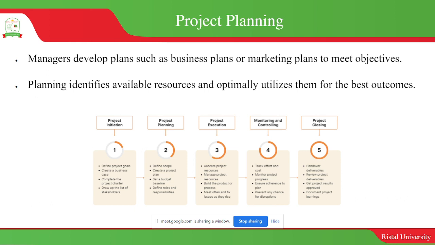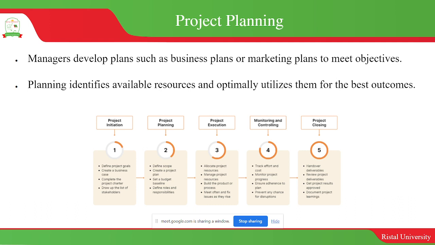So that means your role as a project manager, you should be able to develop multiple plans to meet these objectives. So, for example, you will have a communication plan, you will have a stakeholder engagement plan, you will have a risk analysis or risk management plan, you'll have a marketing plan, okay?